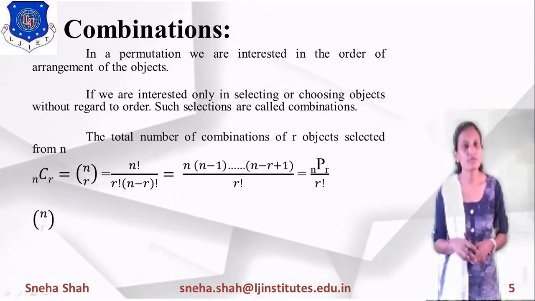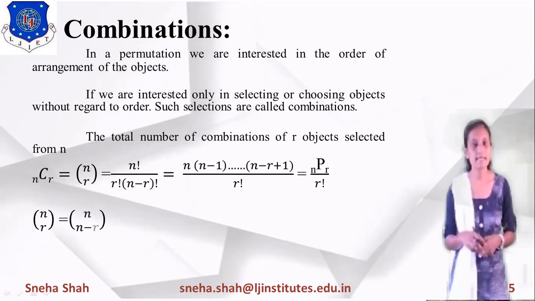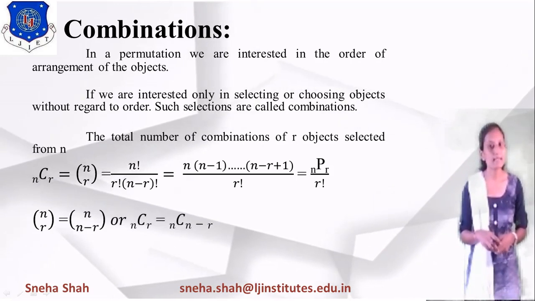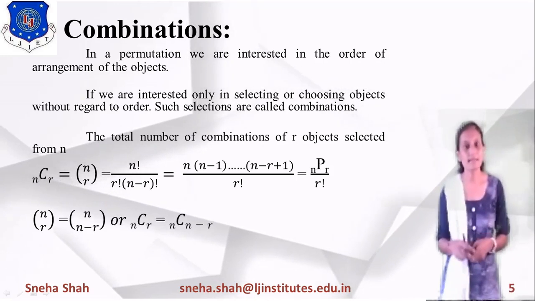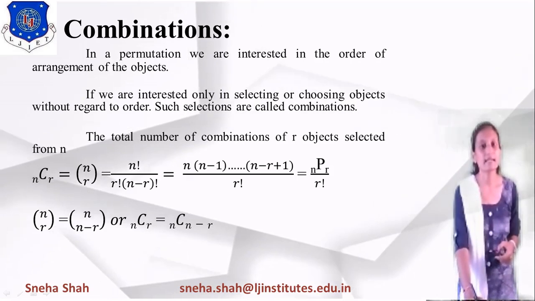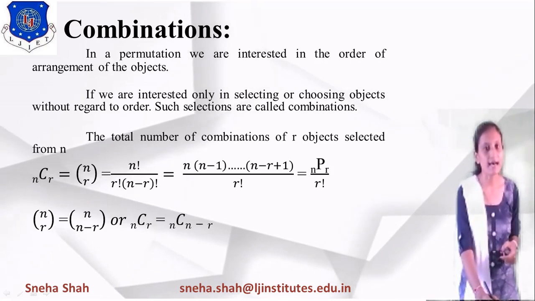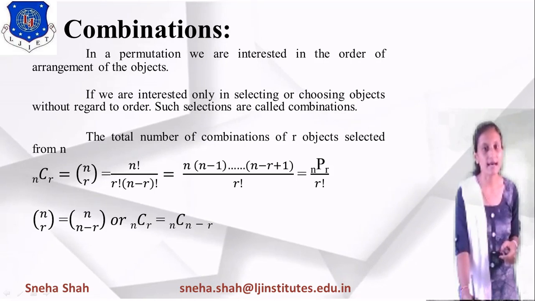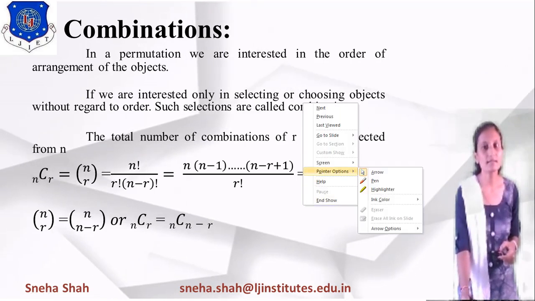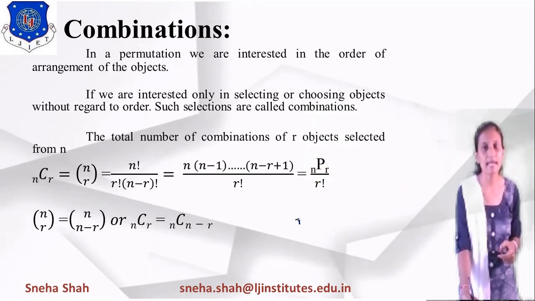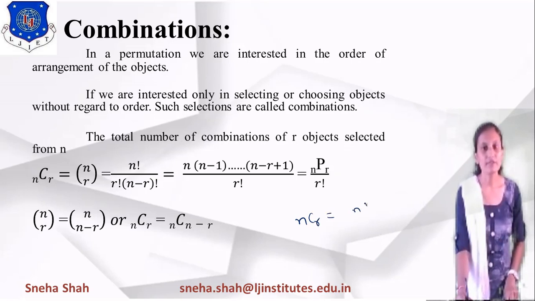In the same way, NCR is the same as NC(N minus R). You can see that if I take N minus R instead of R, what will the equation be? If I take NCR, the equation is N factorial upon R factorial into N minus R factorial, right?